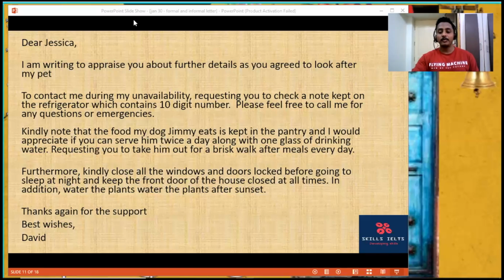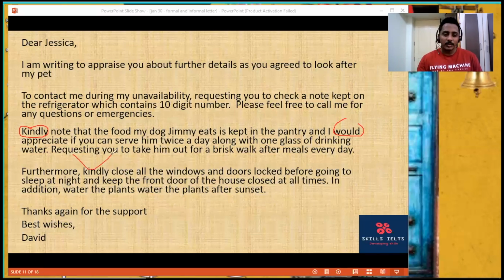All right, let's understand what went wrong here. Good one, Sagar. Decent enough. The one that went wrong here is kindly and all, you don't use in an informal letter. And I would appreciate and all, you don't. This is more of a formal one, more respectful, more humble, which your friend may not tolerate if you start using that, isn't it?